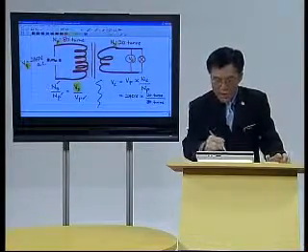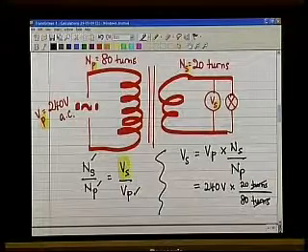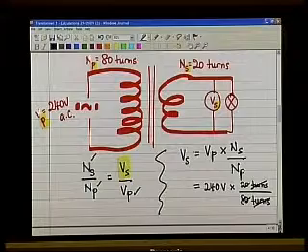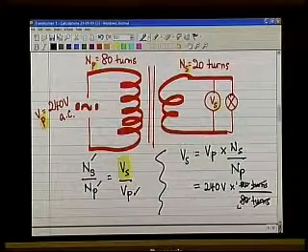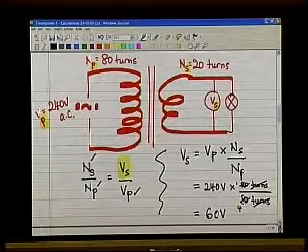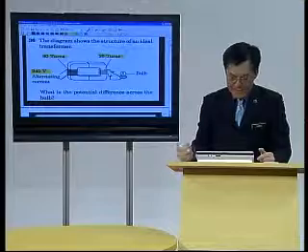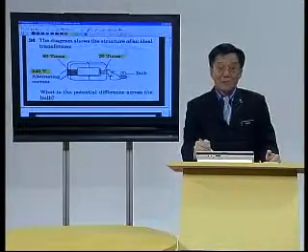Alright? So, what I do now is, you see, the turns, I cancel it off. Now, this is very simple. 20. You can use your calculator. I do manual. So, the answer I get is 60 volts. So, in short, if I go back to the original diagram, what is the potential difference across the bulb?